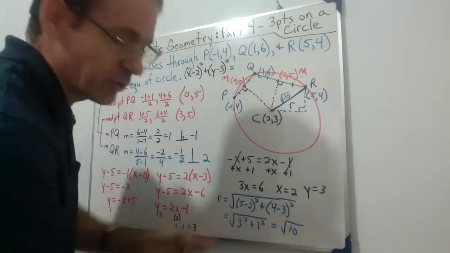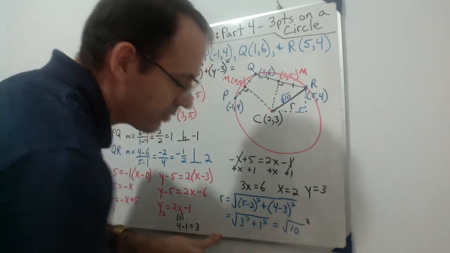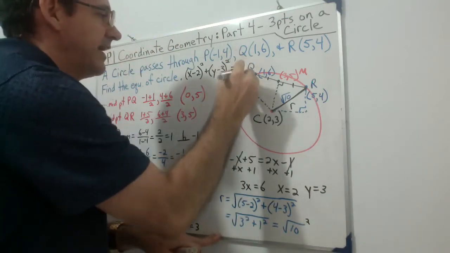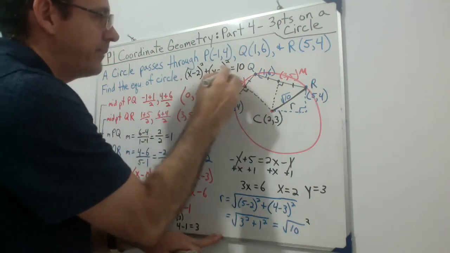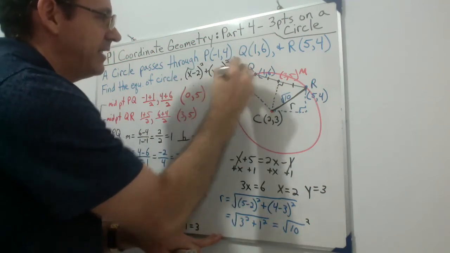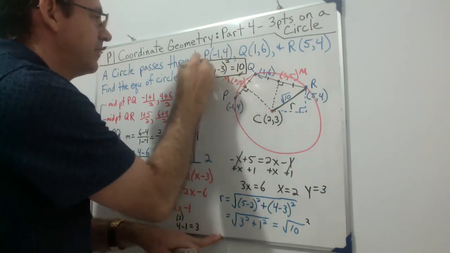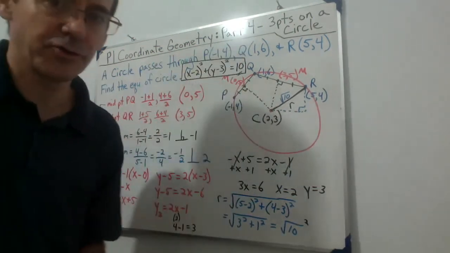Equals r squared. This is r. If we square the r, it cancels the radical, so it equals 10. So x minus 2 squared plus y minus 3 squared equals 10. This right here is our answer to the equation of the circle that passes through those 3 points.